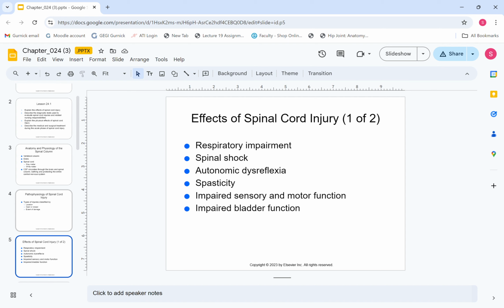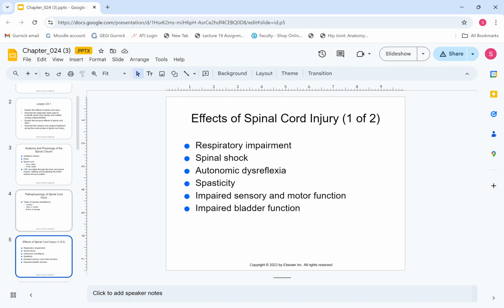All right, the good thing about spinal shock is you will eventually recover and you will gain back your function in your spinal cord.